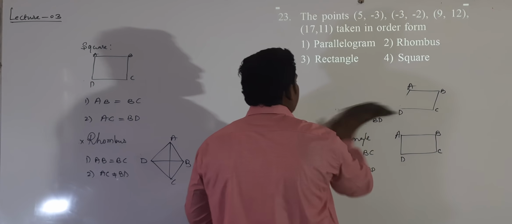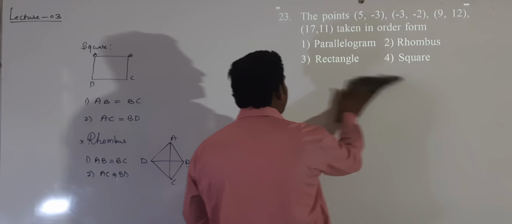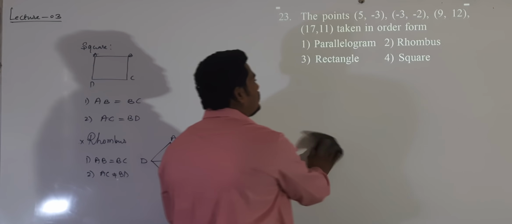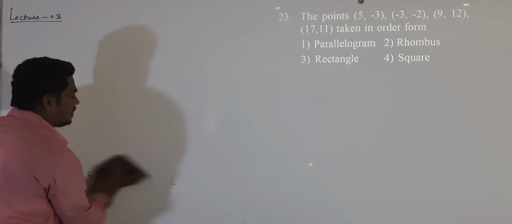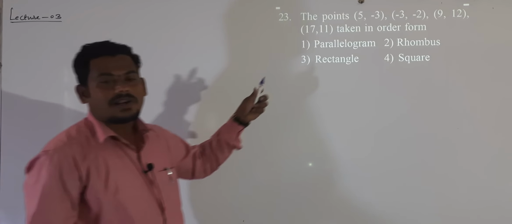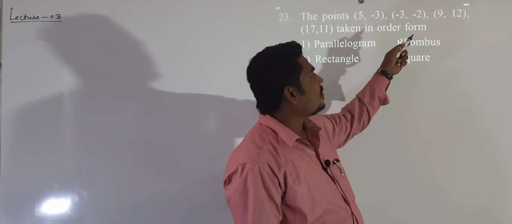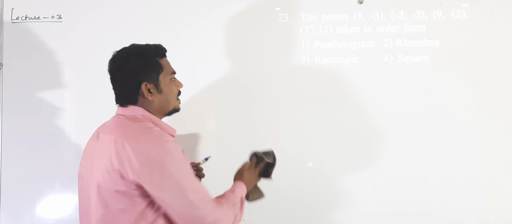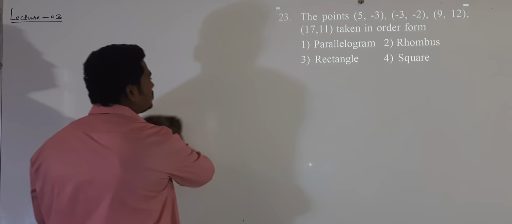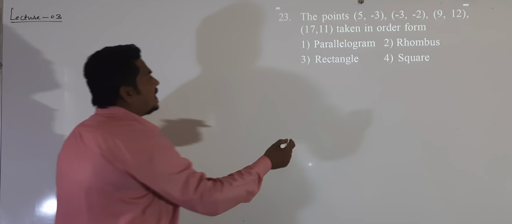Just find adjacent sides. In this problem, just find AB, BC, AC and BD, right? And always take the first point as A, second point as B, third point as C, fourth point as D, right? Tell me what is AB?